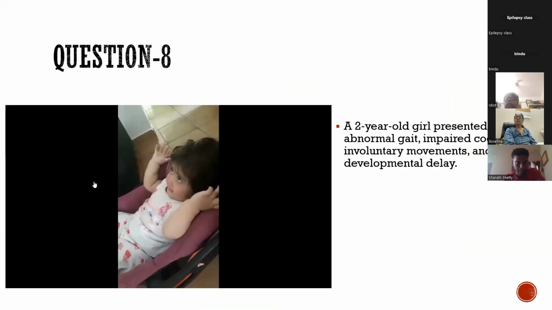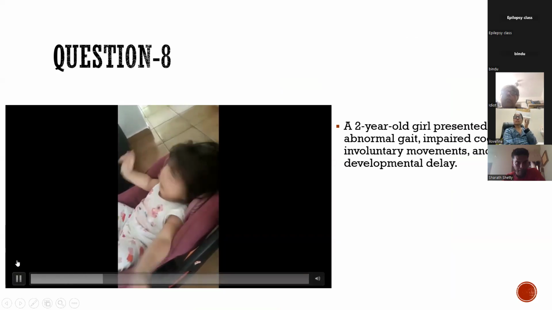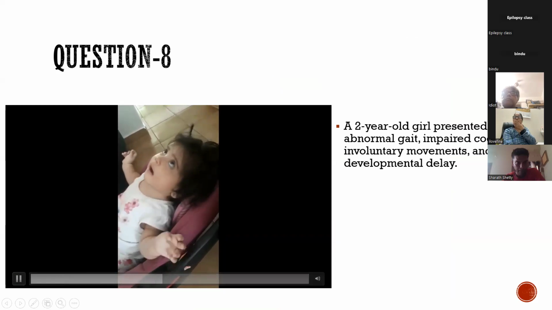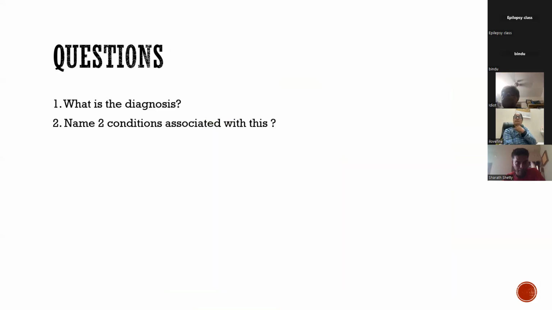The next question is a 22-year-old girl presented with abnormal gait, impaired coordination, involuntary movements, and developmental delay. So what is the diagnosis? Name two conditions associated with this.